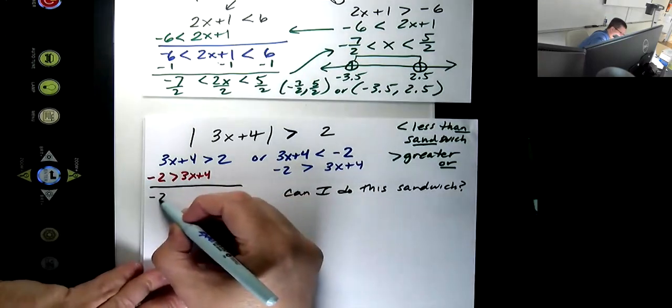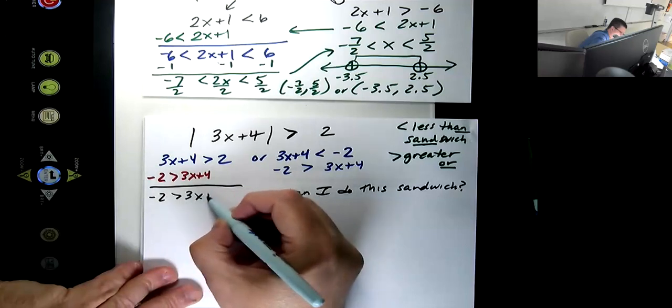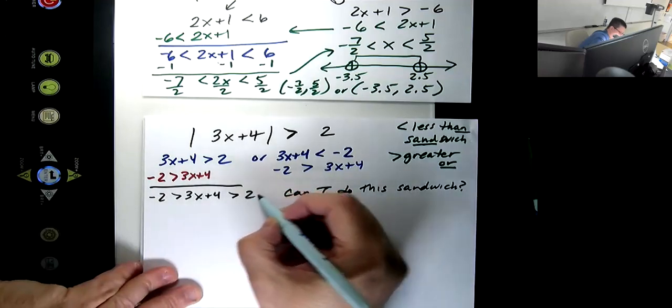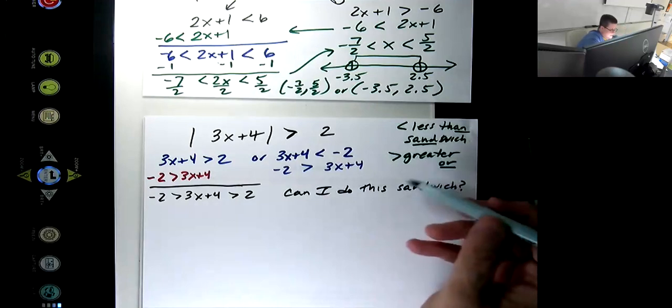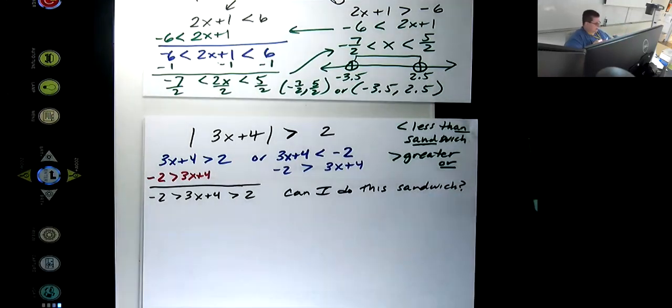I have -2 > 3x + 4 > 2. Does the sandwich still work? Why not?